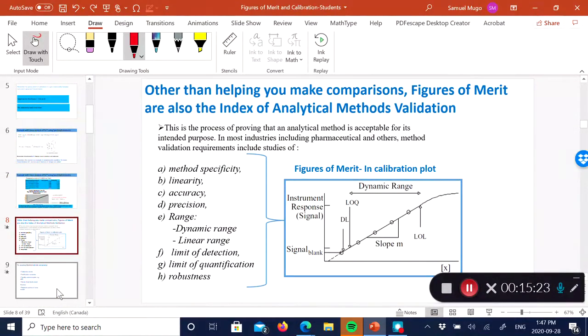Now, I already mentioned that the performance indicators, or what I call the figures of merit, are all present, or you can actually extract them, from the calibration plot.